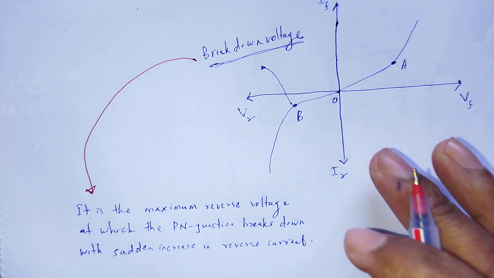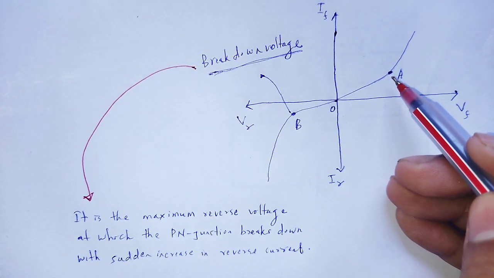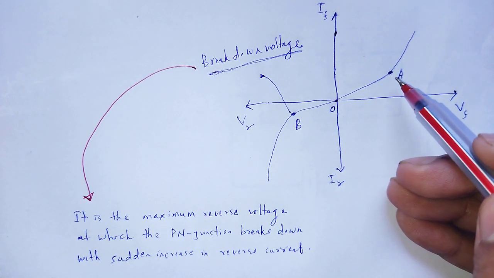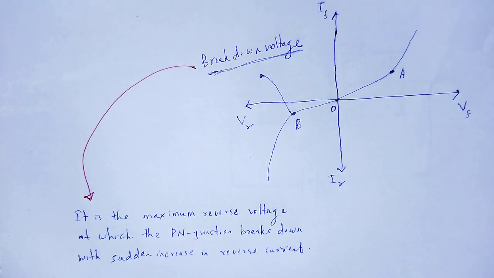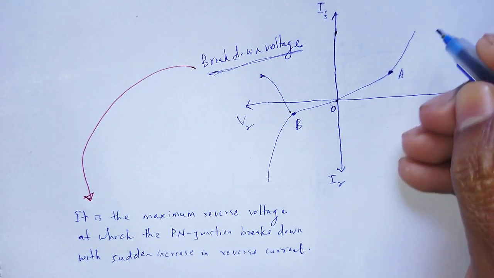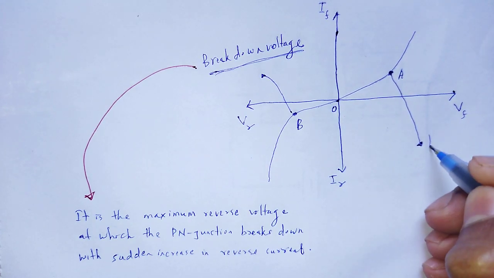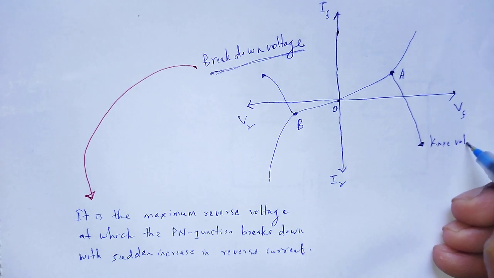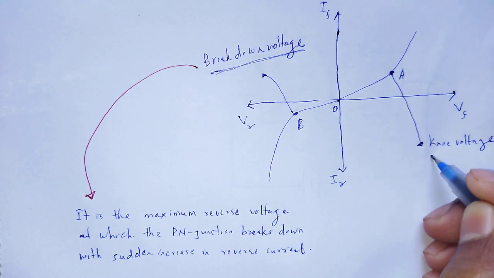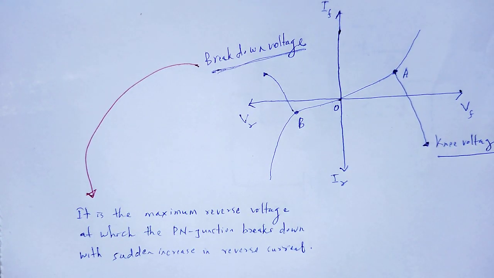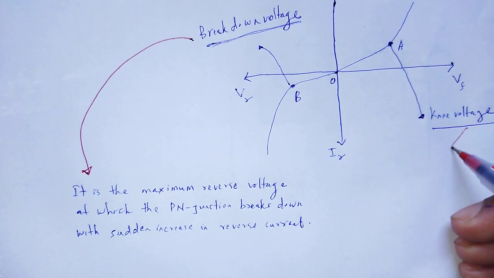Similarly, the value of forward voltage at point A is known as knee voltage. What is knee voltage?